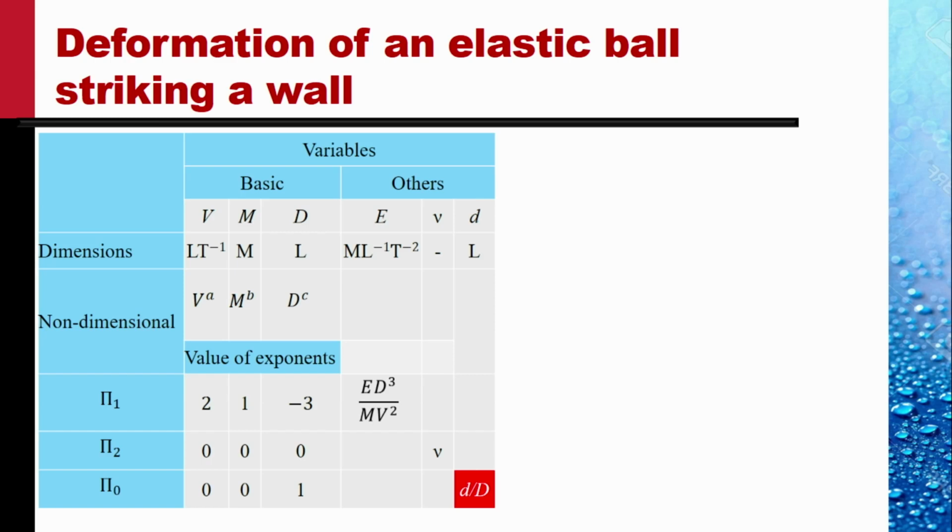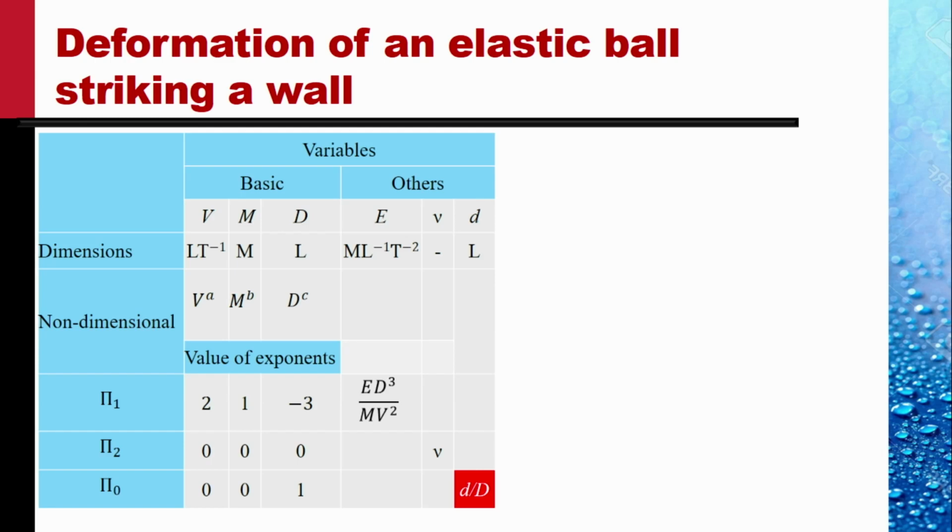So for these three quantities, E, nu, and d, we write in the forms of v raised to power a, m raised to power b, D raised to power c, and find out the values a, b, and c so that the dimensions match. For E, the dimensions would be v raised to power 2, m, D raised to power minus 3. So that E D cube by m v square would be a non-dimensional independent pi number.